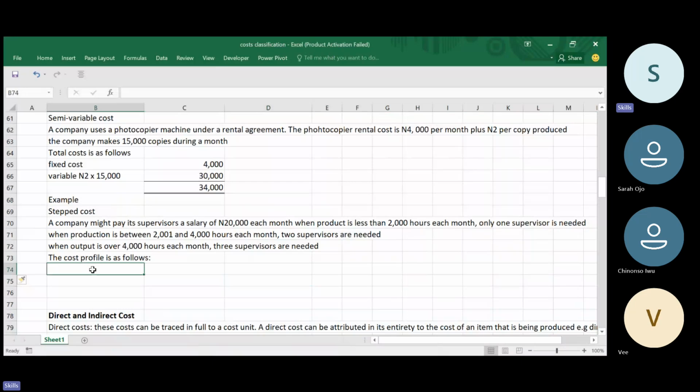The activity taking place first, 2,000 hours. When it is 2,000 hours, only one supervisor will be needed, and it's 20,000 for the supervisor.